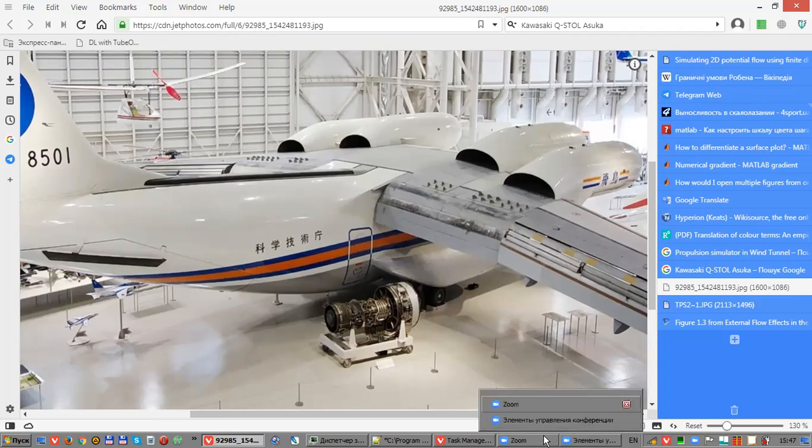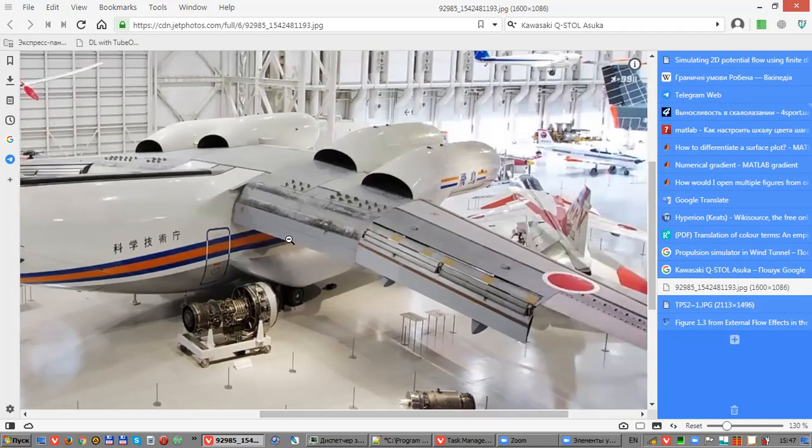So I made some sketches for the future. And look at the different flaps. They have inner flaps that work with the jet stream, and they have an outer section of flaps, and this outer section has slots. The slotted flap section has slots, but the inner one has no slots.